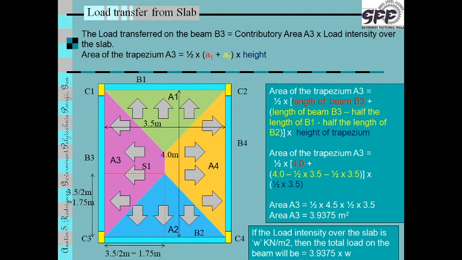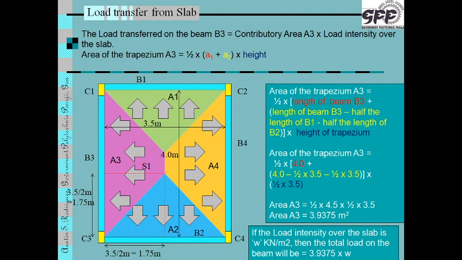So on the right hand side, when we see the calculations, the area of the trapezium A3 is equal to half into, I've used a rectangular bracket. Look at the red color for the A1 formula which has been given on top. A1 has been replaced by the length of the beam B3, then plus A2, which is yellow in color, I've used a round bracket.